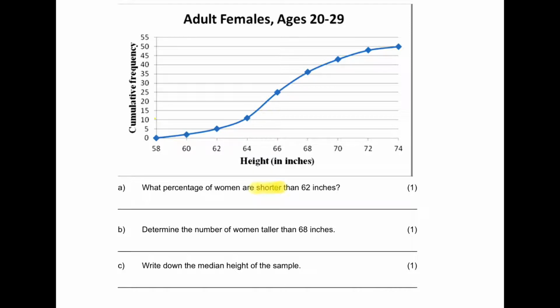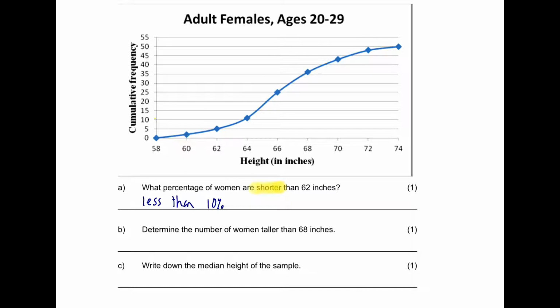So that means that the 10% includes those who might be exactly 62 inches. So our answer then needs to be less than 10%. If you said 10%, we would still accept it as a Section A question, but just bear that in mind.